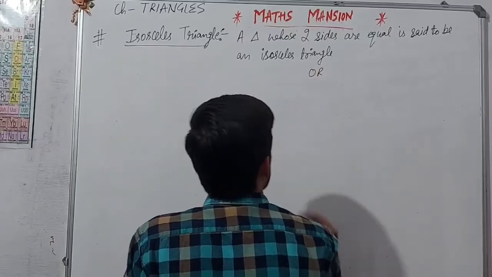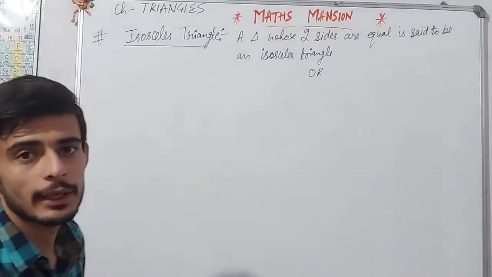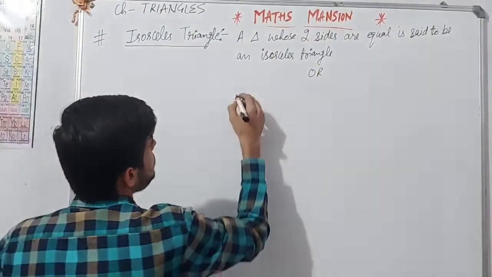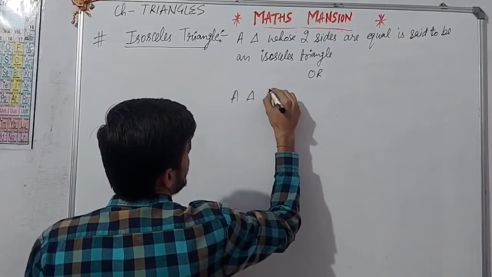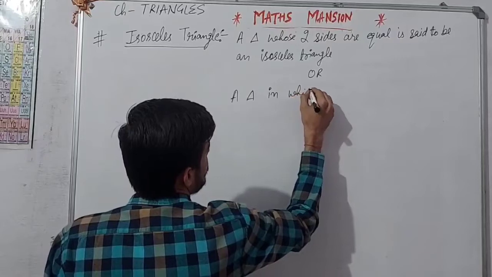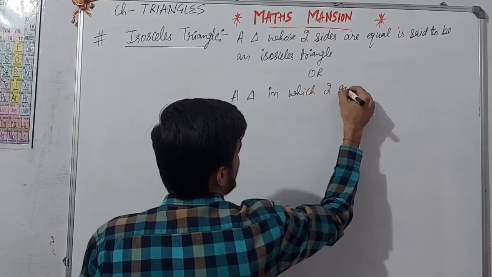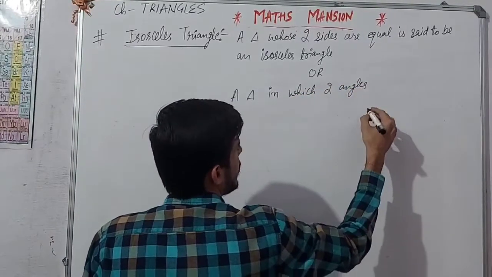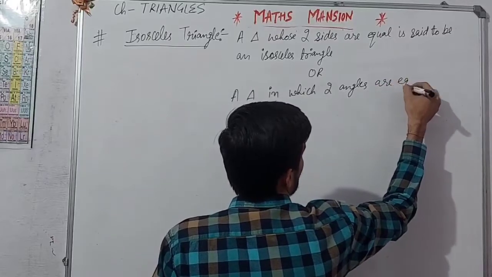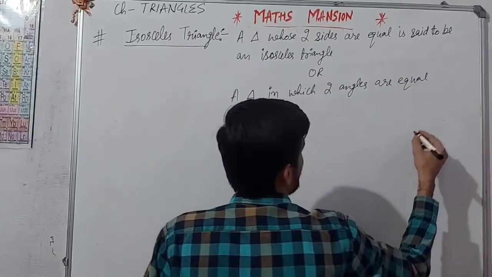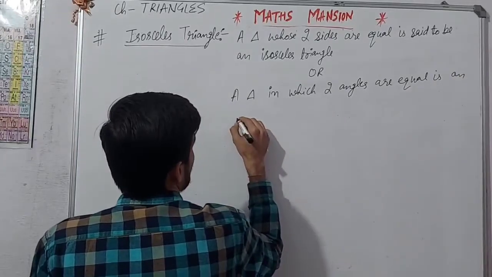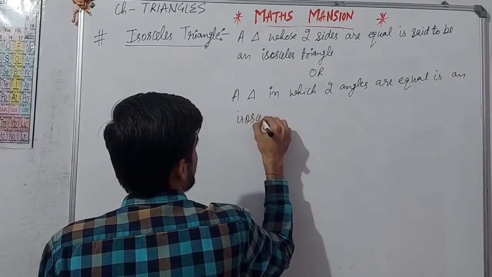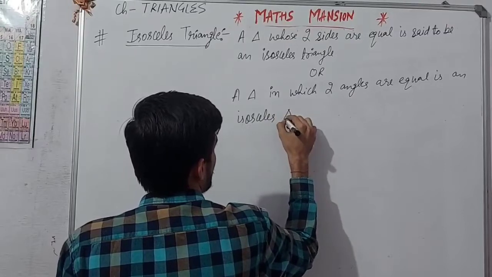Or in other way, you can say that a triangle in which two angles are equal is an isosceles triangle.